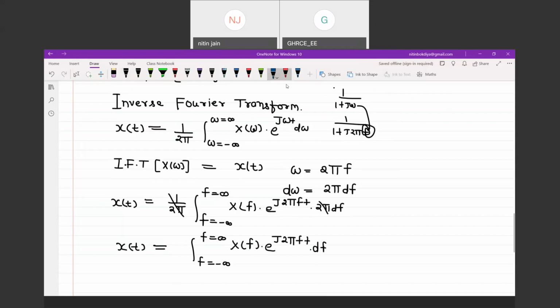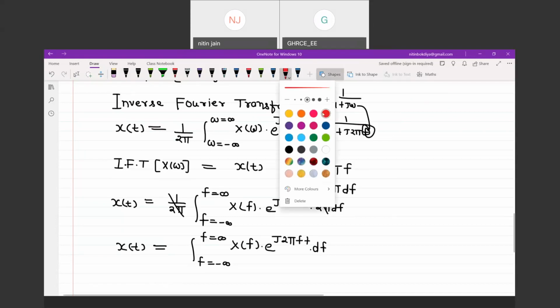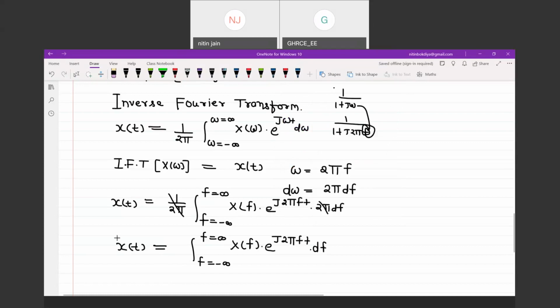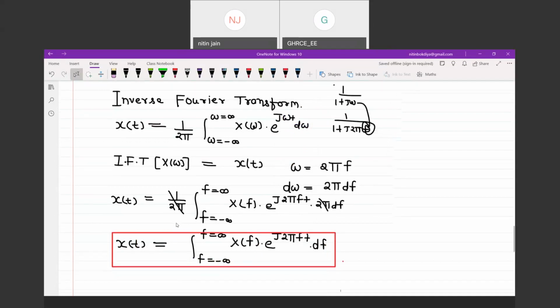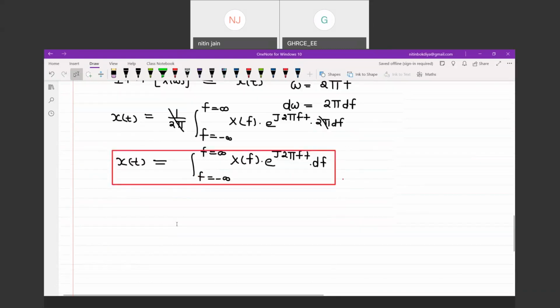And this is the idea for the inverse Fourier transform. So you can solve in any domain, whether omega domain or f domain, you can take any variable.